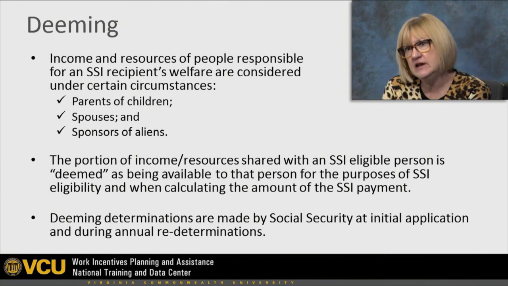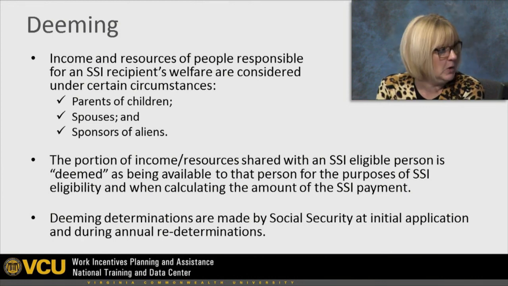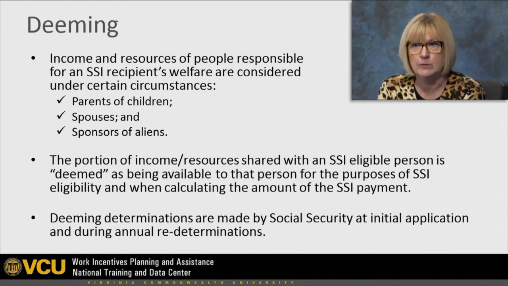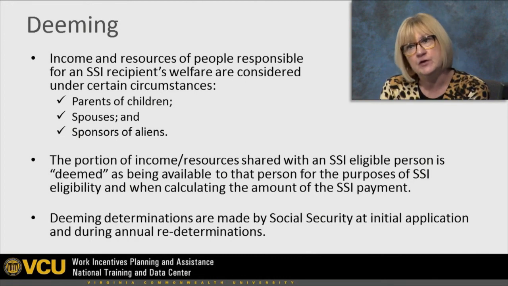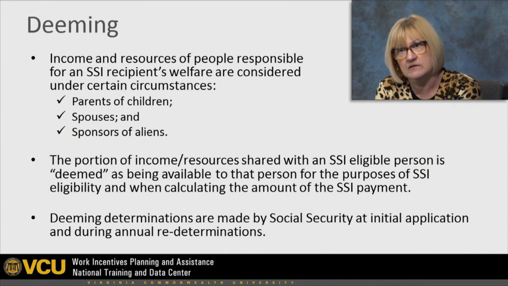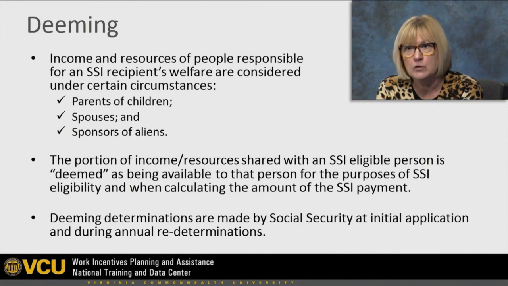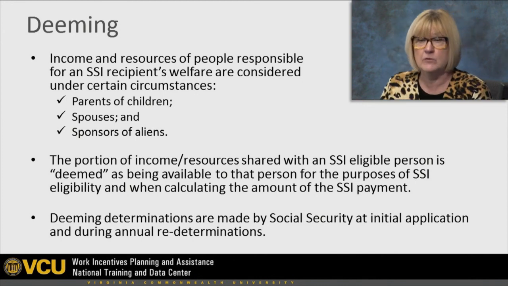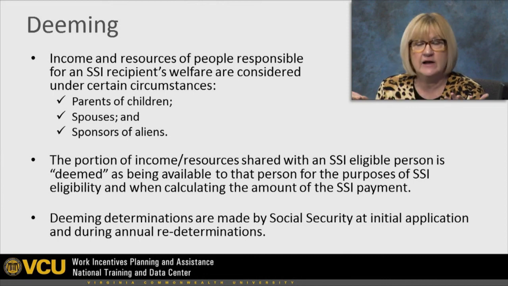Deeming is probably one of the most misunderstood areas in the SSI regulations. And the reason for that is simple. It's really complicated. The notion of deeming makes sense. It's very intuitive, and that is that in certain situations, family groupings, children living with parents, spouses residing together, there's an expectation that those family members share income and resources.